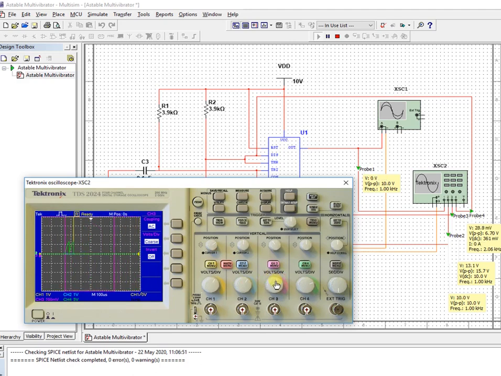And if you observe the negative pulse of that particular waveform, you will notice that it is having a negative pulse width of 913 microseconds. If you had clearly observed in the tutorial, when the simulation was going on, it is close to 913 microseconds and the frequency is 1 kilohertz.